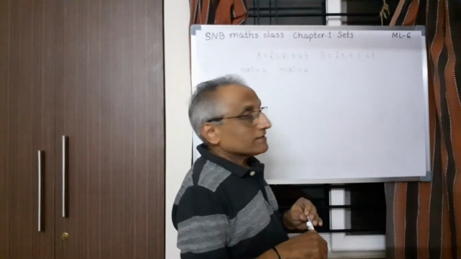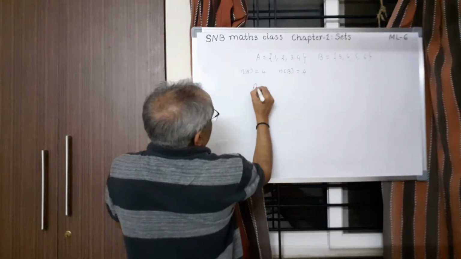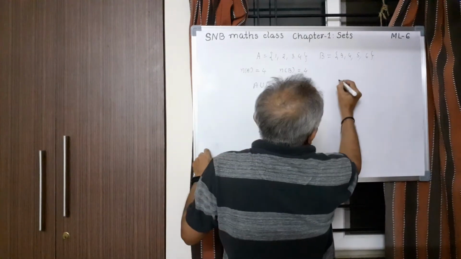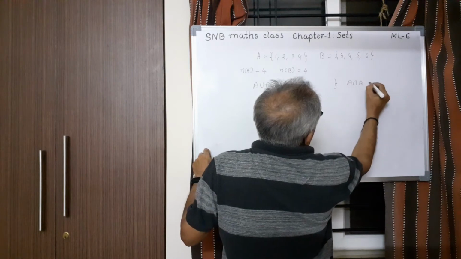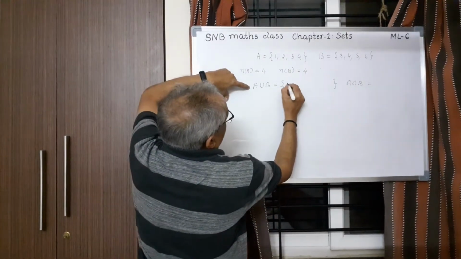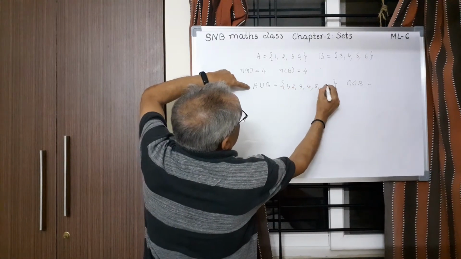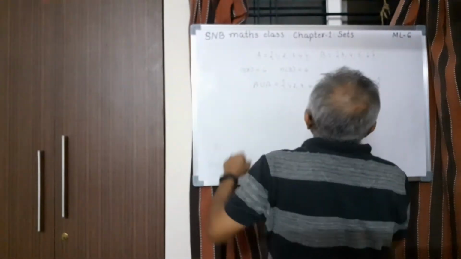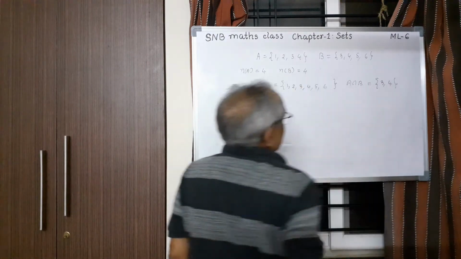There are 4 elements. Now, first I will find A union B, and I will also find A intersection B. So there is a relation actually. A union B is 1, 2, 3, 4, 5, 6. Then A intersection B is the common part. I think it is 3 and 4.